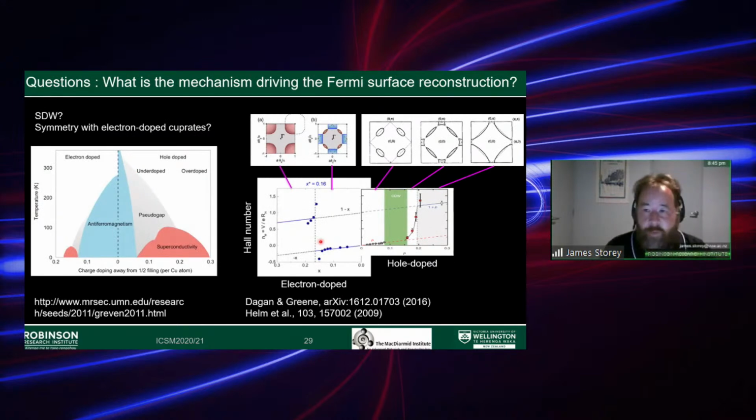I've talked about YRZ, but spin density wave reconstruction is a good candidate also. Obviously, the question is what could be driving this sort of reconstruction? The spin density wave reconstruction offers a nice symmetry with electron-doped cuprates, for which there is some evidence for that sort of reconstruction.